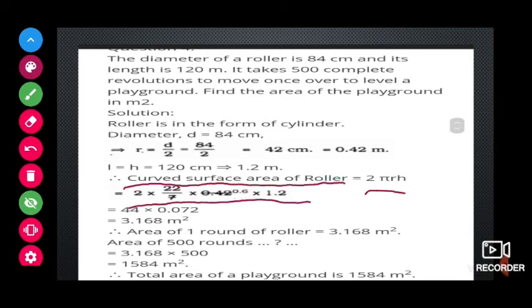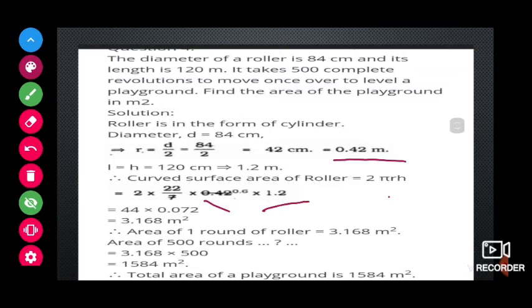If we substitute 2 into pi 22 by 7 into r is 0.42 meter and height is 1.2 meter. Now with the 7, 7 ones are 7 and 7 0.6. Here we can cancel. So the remaining will be 2 into 22 into 0.6 into 1.2.